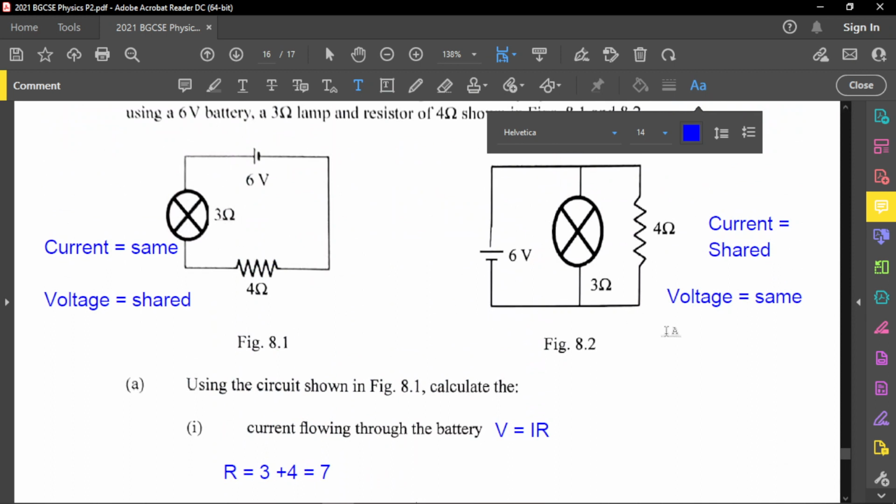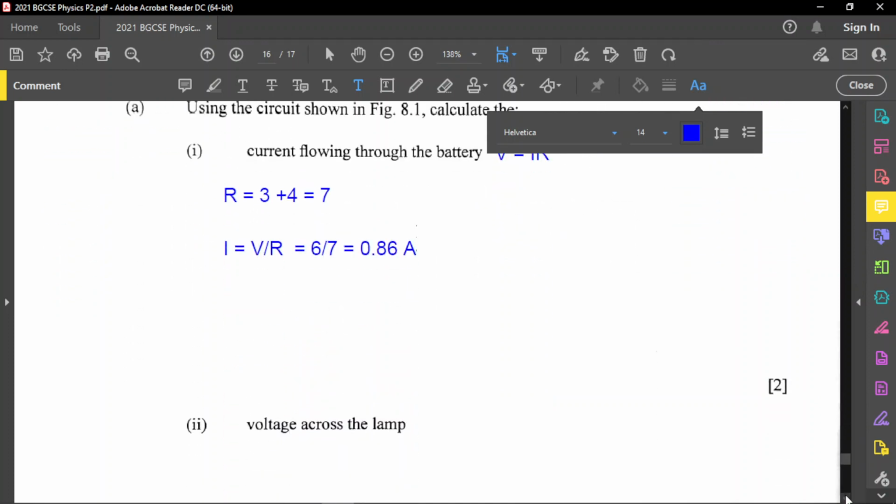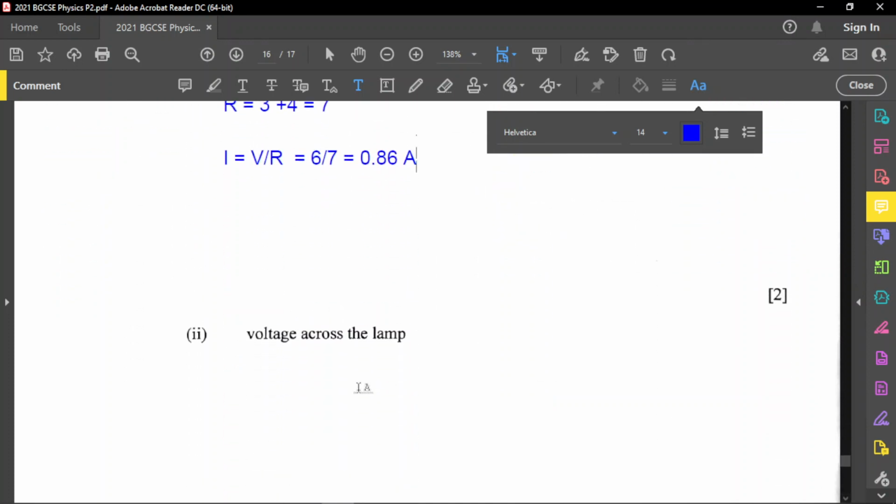Since we have our resistance, 3 ohms, and we have our current, from the formula V equals I times R. We already know our I, which is 0.86, multiplied by the resistance of the lamp, which is 3 ohms.